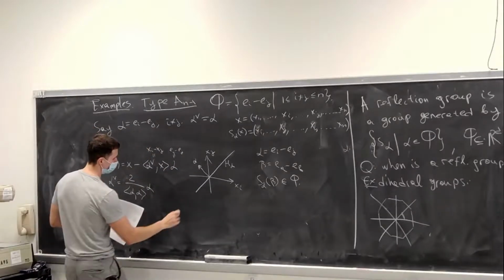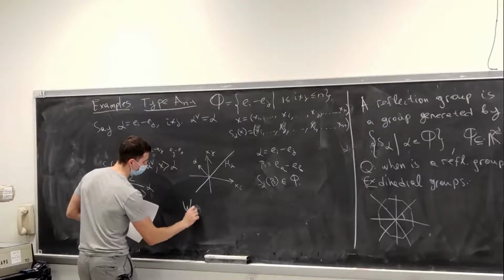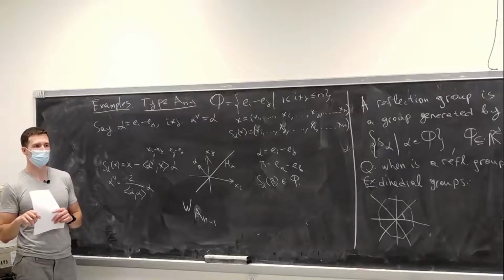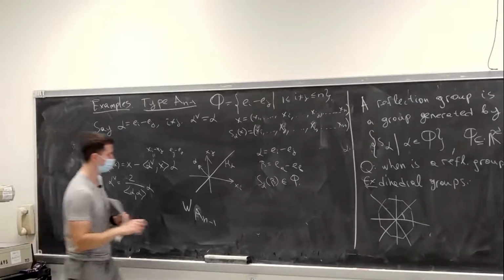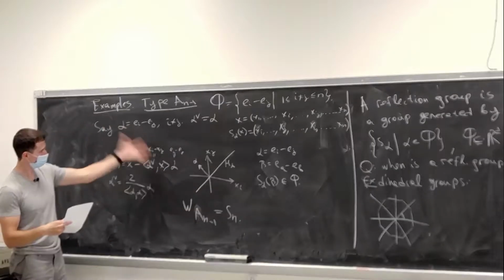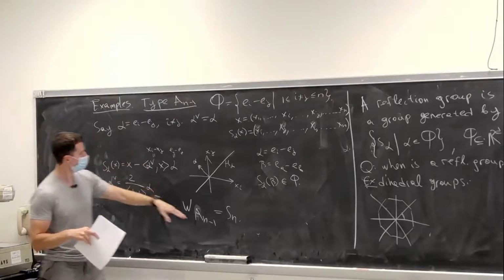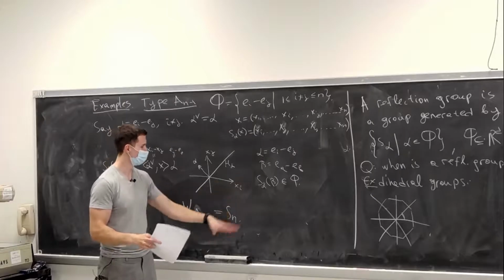And by the way, what is the Weyl group of a root system of type A_n? S_n. Nice. Okay, and that's the most important idea. You have the symmetric group, and you have very nice things to say about the symmetric group.